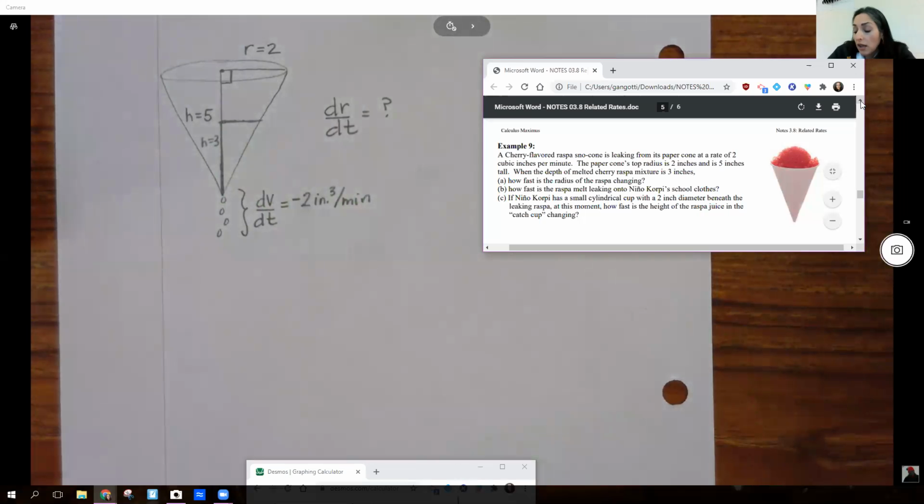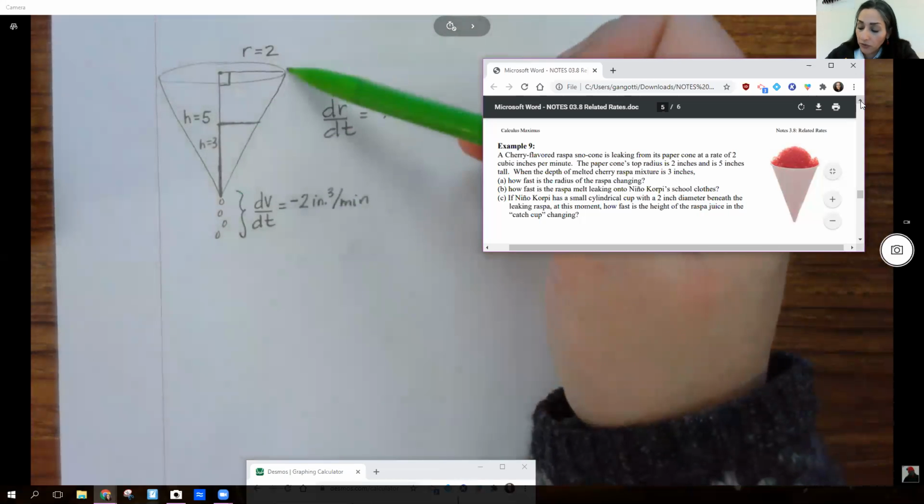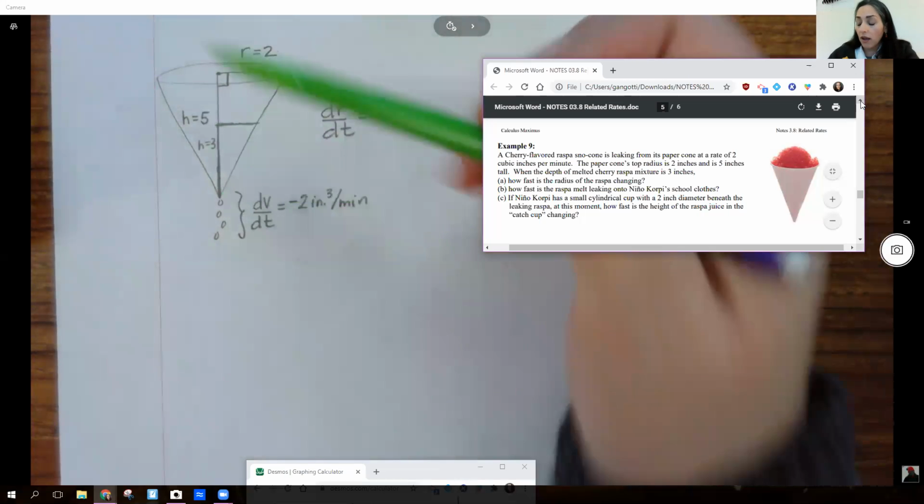All right. Now, this is a different type of problem. It is using right triangles, but this is not a Pythagorean theorem question. The reason we're not going to do Pythagorean theorem is because we know absolutely no information about the hypotenuse. Actually, I suppose you could argue that we could figure out this hypotenuse by doing Pythagorean theorem.